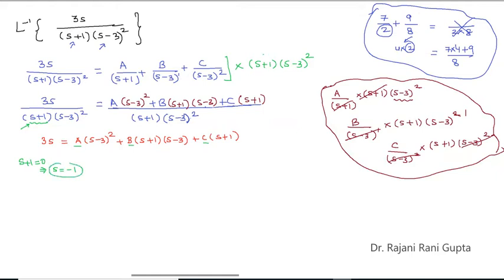Then the second value from here, s minus 3 equal to 0, gives you s equal to 3. Now as I said, we have to select three different values. If I put s minus 3 power 2 equal to 0, it will give me the same value, which is not different. So we will not take this value.